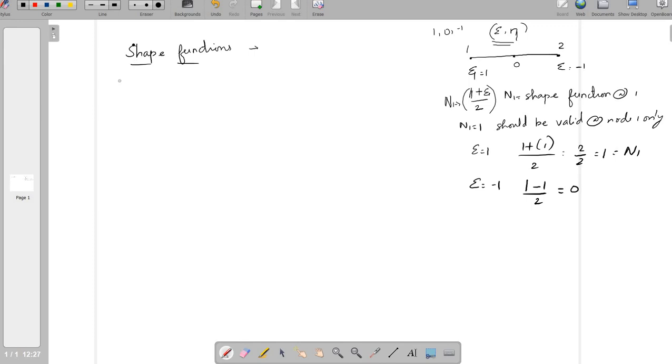I am taking a 4-noded rectangular or quadrilateral element.